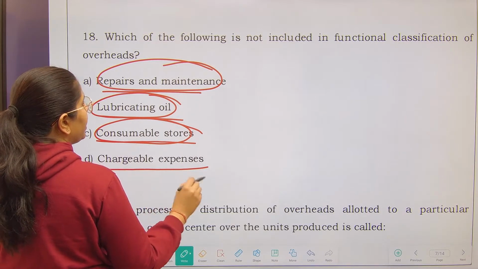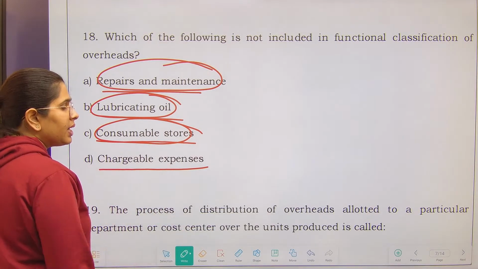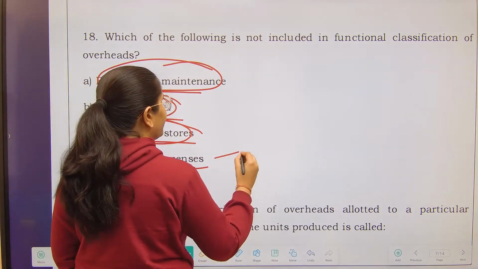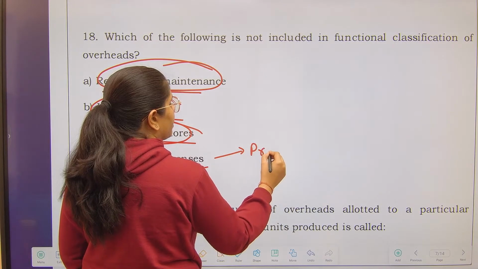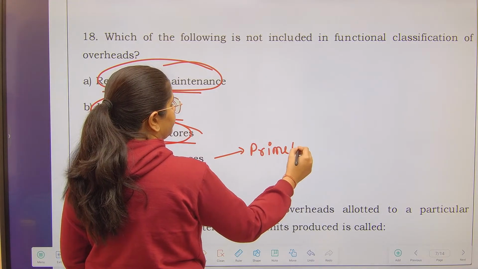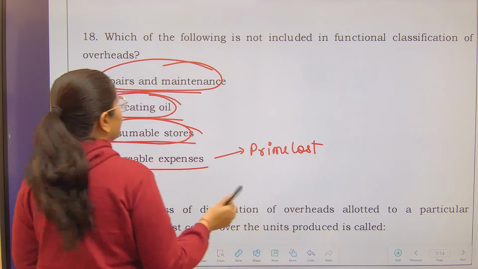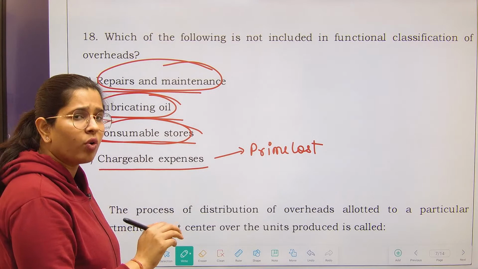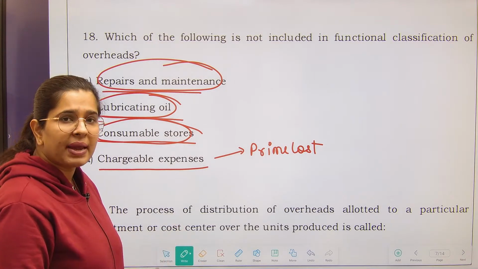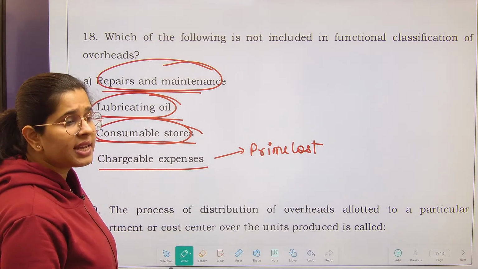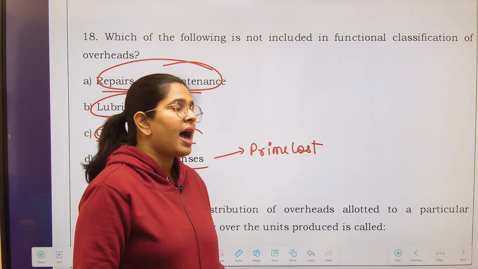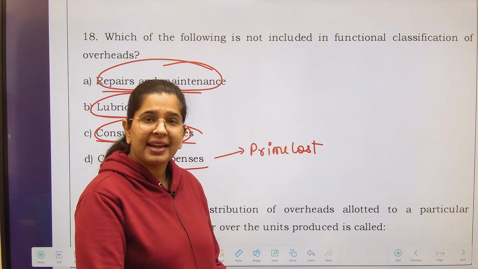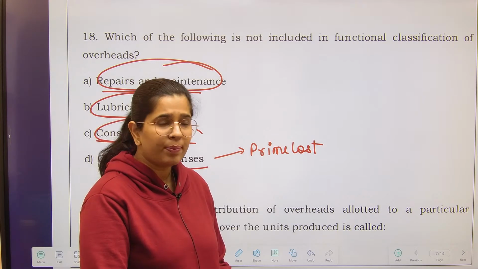But chargeable expenses can be both. It could be a part of prime cost. See, tell me, can repairs and maintenance be part of prime cost or the direct expenses? No, they cannot be. Why? Because repairs and maintenance is indirectly related to the production. As much production as you will do, you will need more repairs and maintenance. This is indirect. This is not directly related to the production.